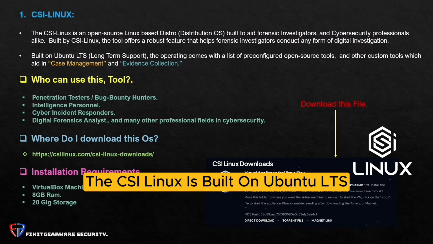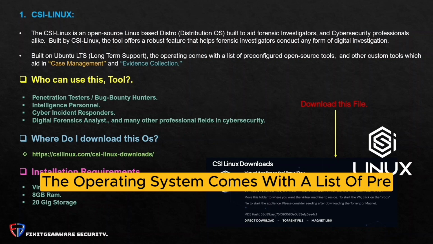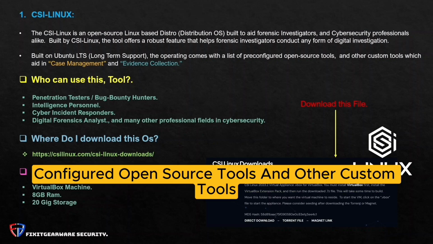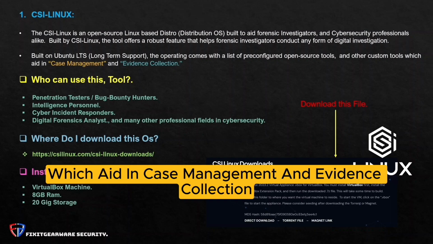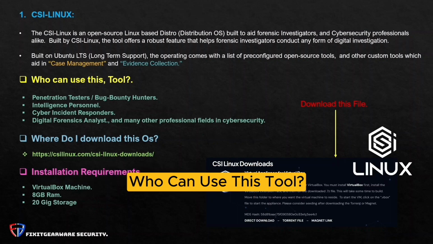The CSI-Linux is built on Ubuntu LTS, which is known as the long-term support. The operating system comes with a list of pre-configured open source tools and other custom tools which aid in case management and evidence collection. Who can use this tool?